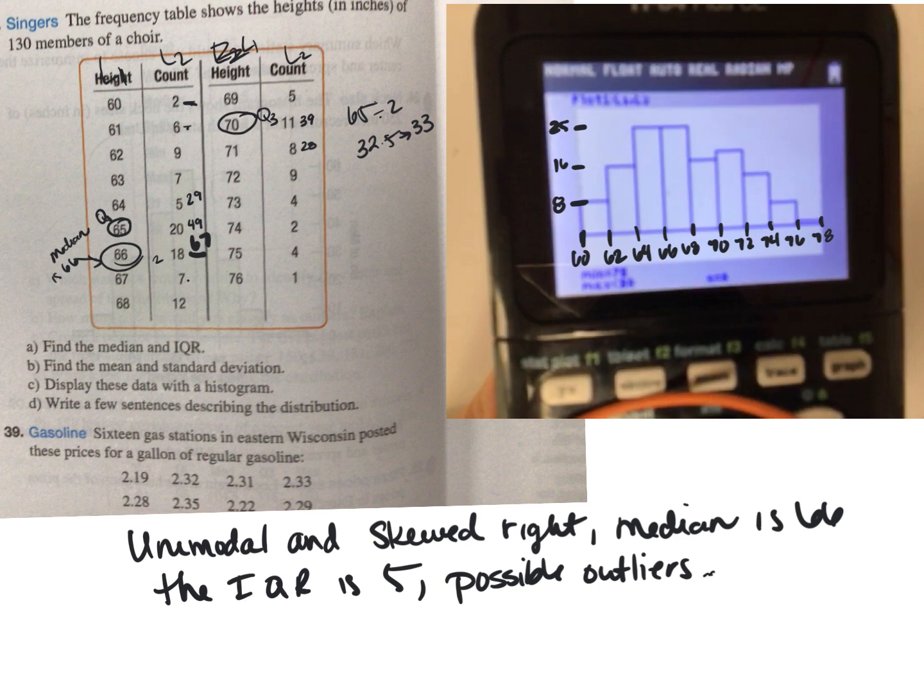Okay, so there we have our few sentences. It's actually just one, right? What am I missing? I should probably have some context, right? So 66 inches, the distribution of height is, there's my context, right?